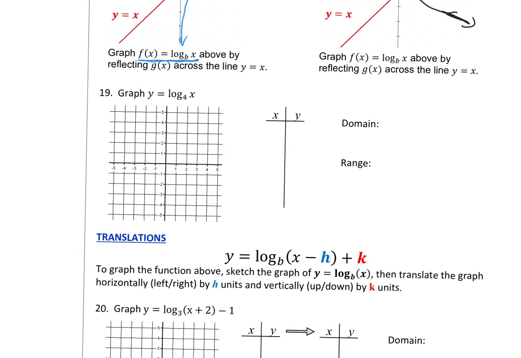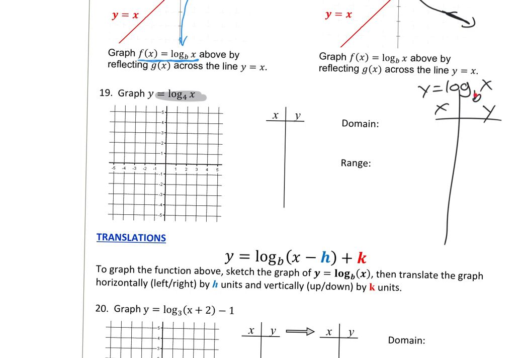But let's talk about how we can graph a typical log function. Before I graph this one, I want to come over here and talk about a basic one. What if I had the equation y equals log base b of x? What you want to do is pick x's that are really easy to plug in.